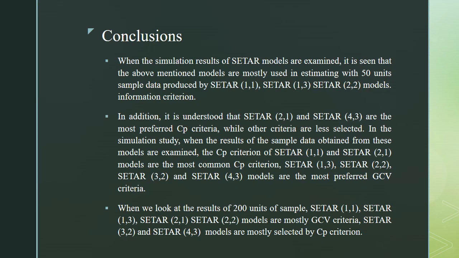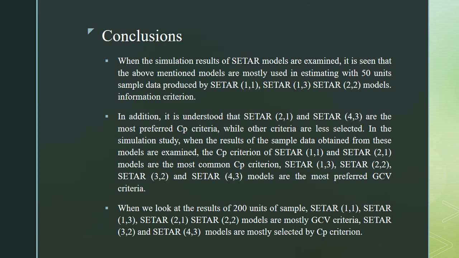Conclusions. When the simulation results of SETAR models are examined, it is seen that the above mentioned models are mostly estimated with 50 sample data by SETAR11, SETAR13, SETAR22 models information criterion. In addition, it is understood that SETAR21 and SETAR43 are the most preferred by CP criteria, while other criteria are less selected.